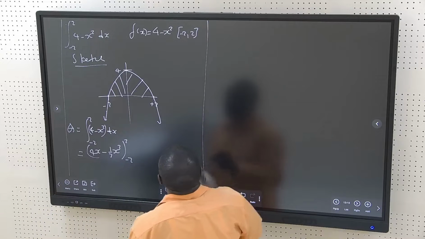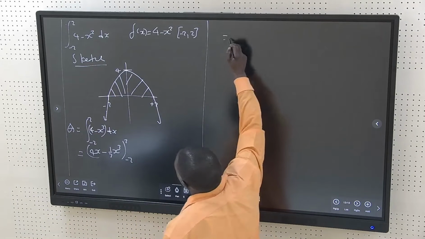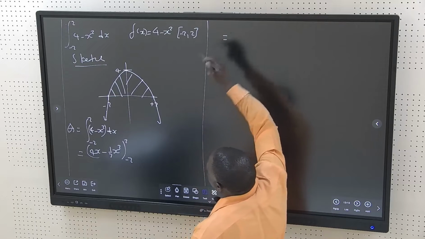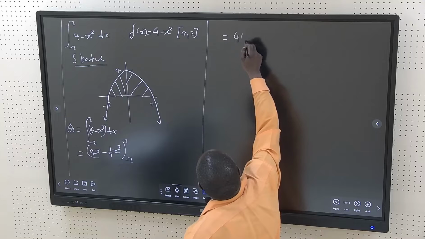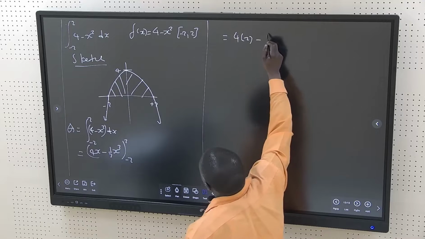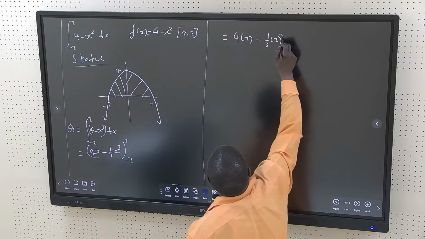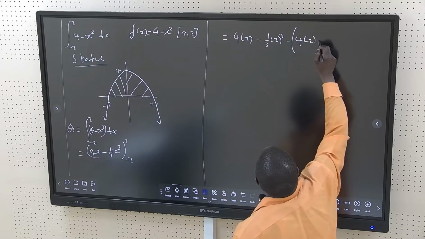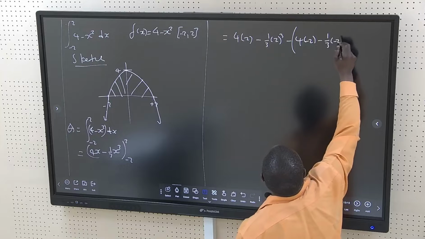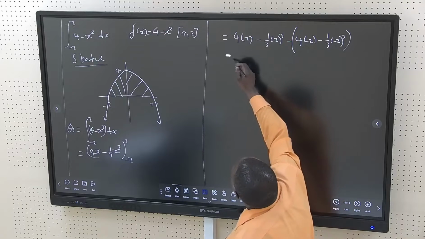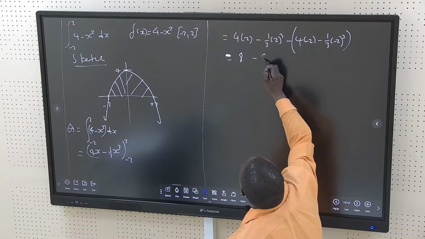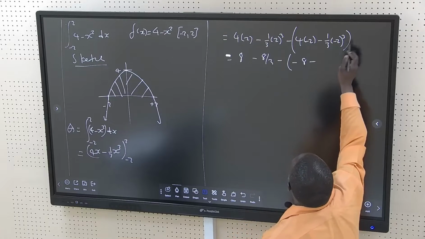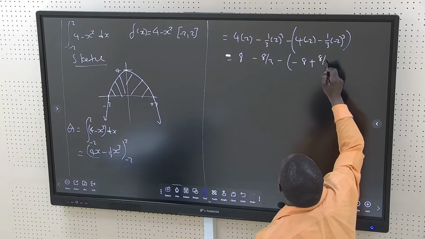What do we get? Substituting +2 and -2, it will be 4 times 2 minus 1 over 3 times 2 cubed, minus the bracket 4 times -2 minus 1 over 3 times -2 cubed. So this is 8 minus 8 over 3 minus the bracket, minus 8 plus 8 over 3.